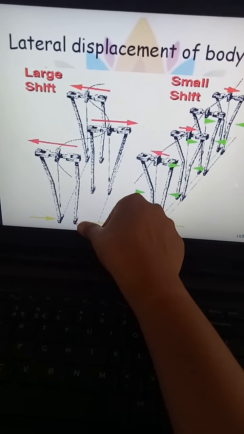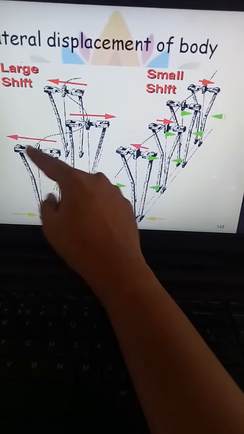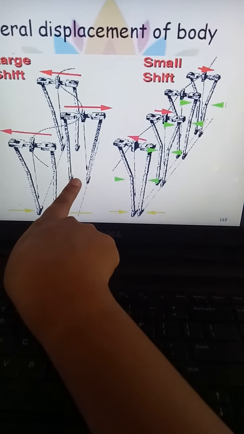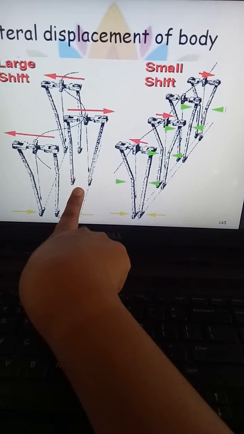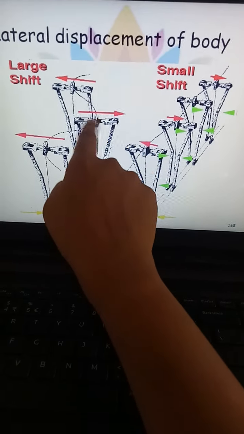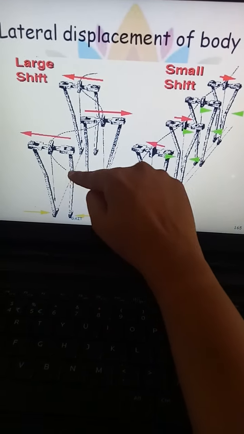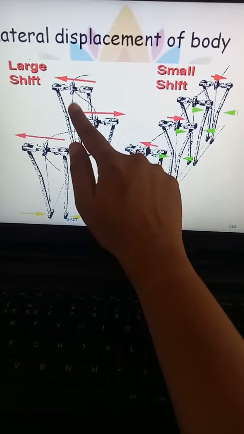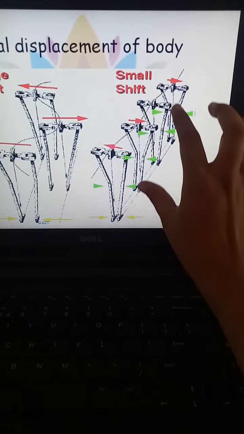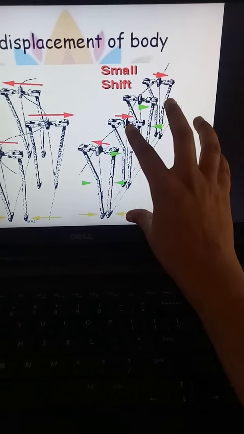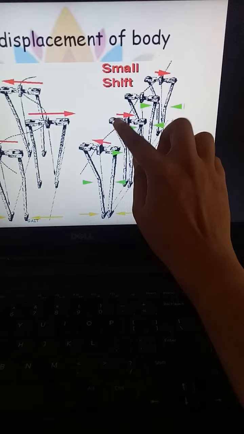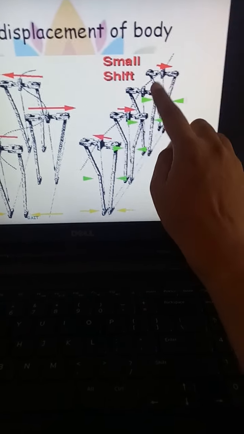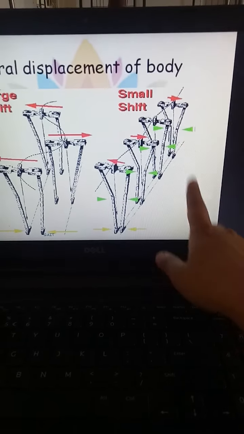The legs are situated in the center, but the body moves towards the arrow side. In the same way, the legs are situated at the center point, but the body is moved this side. You can see this arrow also, showing how much variation occurs during the large shift. Second is the small shift. In the small shift, you can see a minor variation, with the help of the arrow.